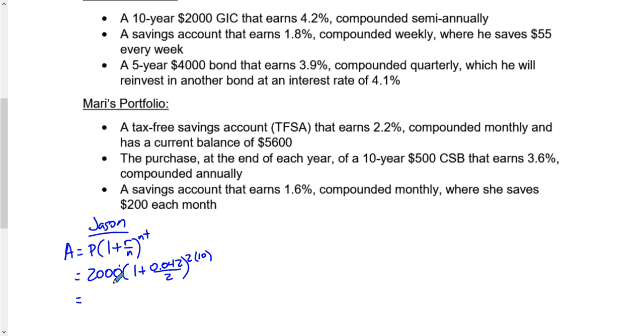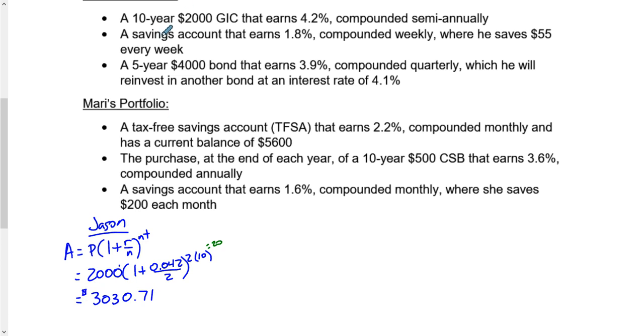Typing that into the calculator, we have $3,030.71.